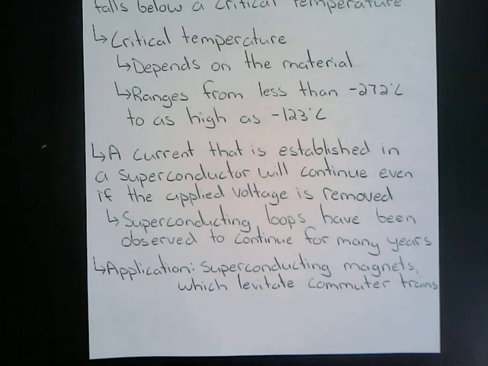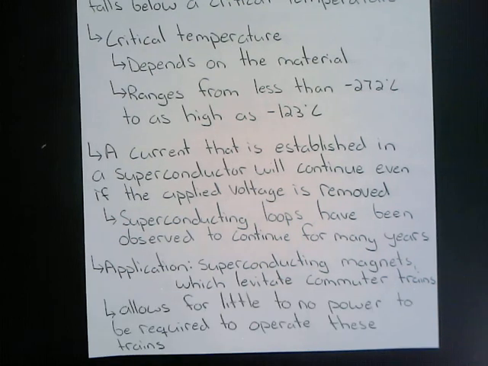With these superconducting magnets on commuter trains, and this is something that has been done, little to no power is required to operate the trains. So if we can better utilize and cool these materials to be superconductors, we can have a lot of good power applications.